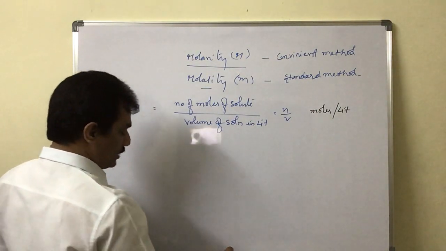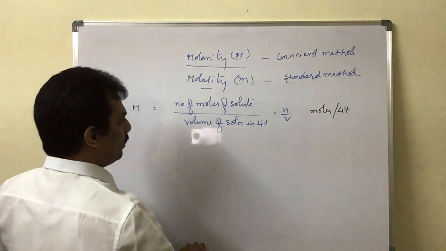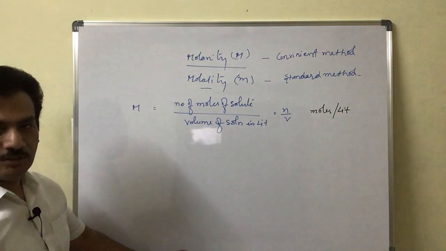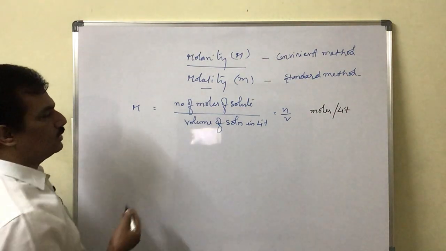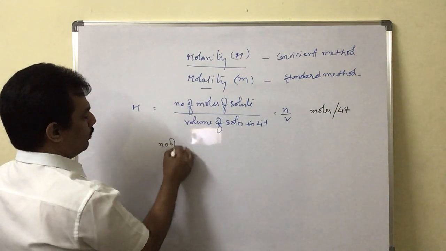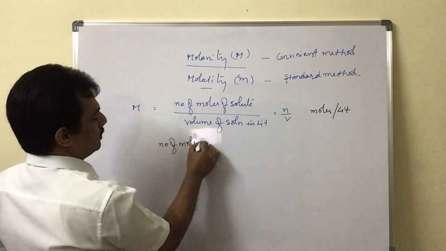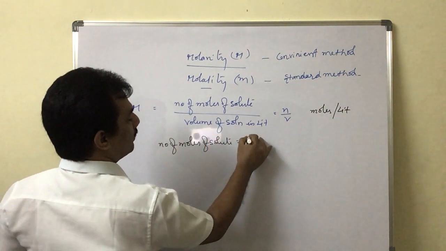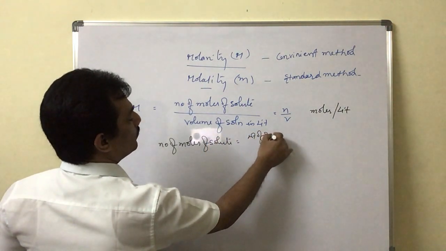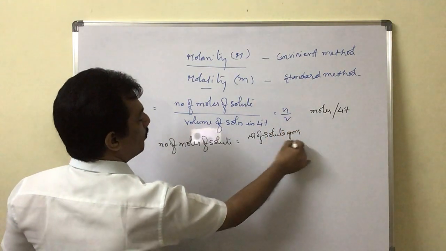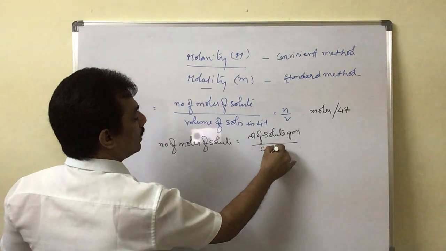Now, how to get the number of moles? Already from the beginning of the chapter we know the formula to calculate the moles. Number of moles of solute is equal to weight of solute in grams by gram molecular weight.